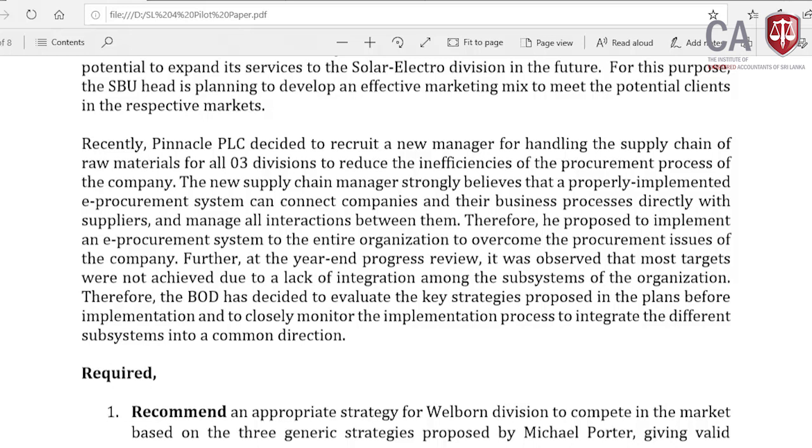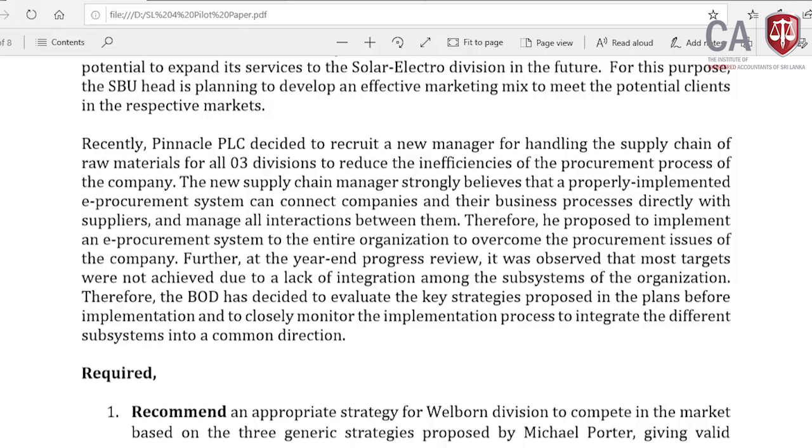Recently Pinnacle PLC decided to recruit a new manager for handling the supply chain of raw material for all 3 divisions to reduce the inefficiencies of the procurement process of the company.